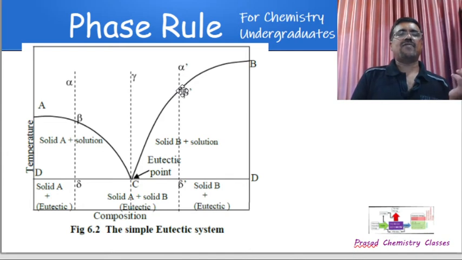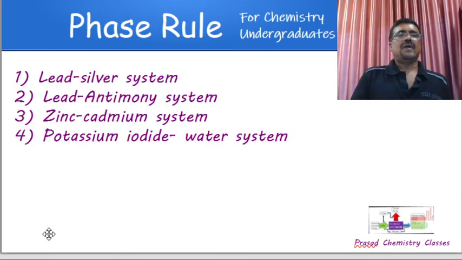At beta prime, the solid B will start separating out, and the liquid phase composition will vary along beta C. At C, both A and B will separate out. That is how the eutectics behave. Lead silver system, lead antimony system, zinc cadmium system, potassium iodide water system, etc. are examples.